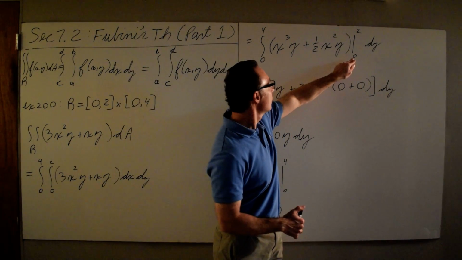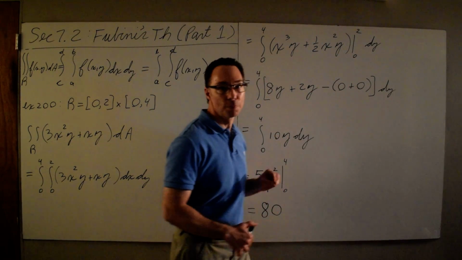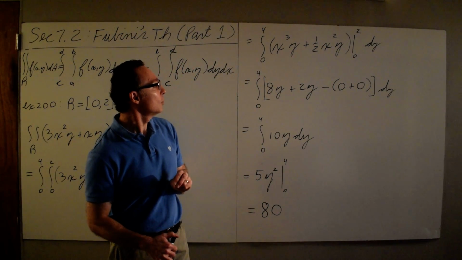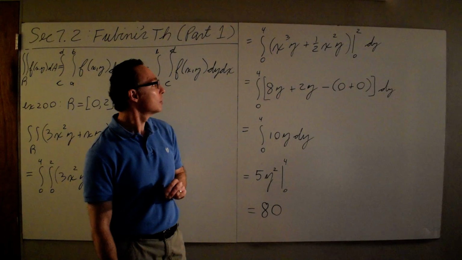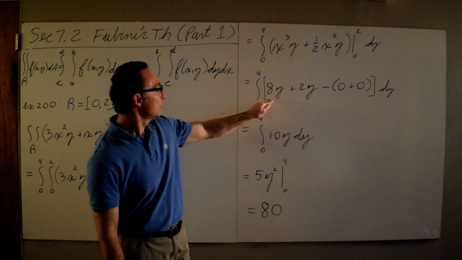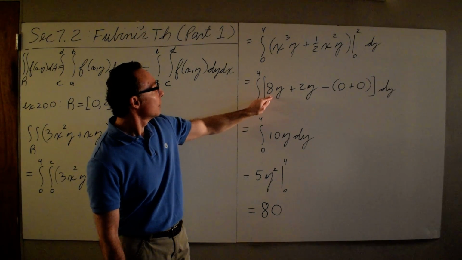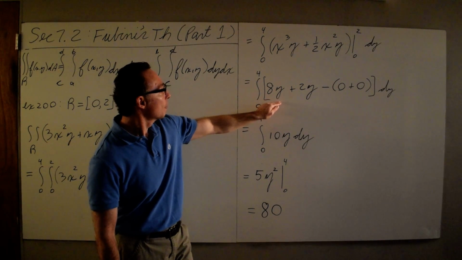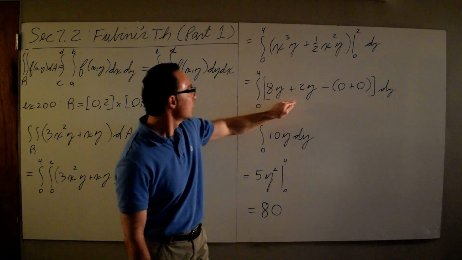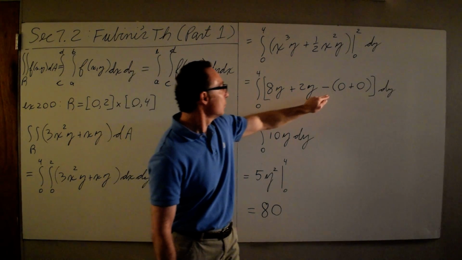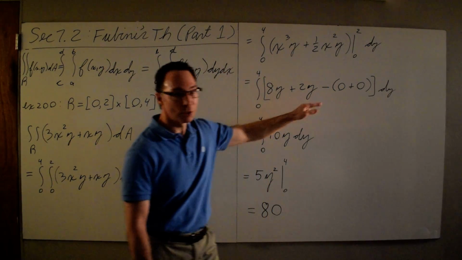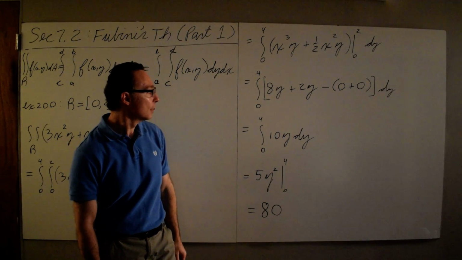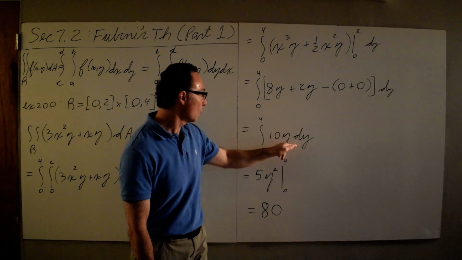Our x limits of integration are 0 to 2. So we're going to substitute 2, substitute 0, and subtract. So we substitute 2 for x, and we have 8y plus 2y. When we substitute 0 for x, we have just 0, so we subtract. We simplify this and we have 10y.